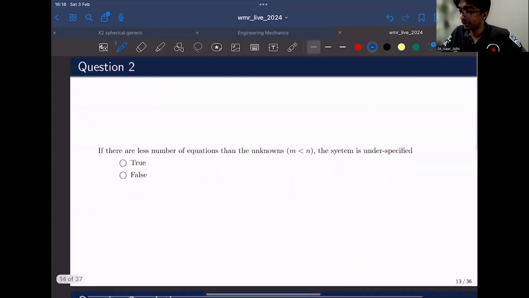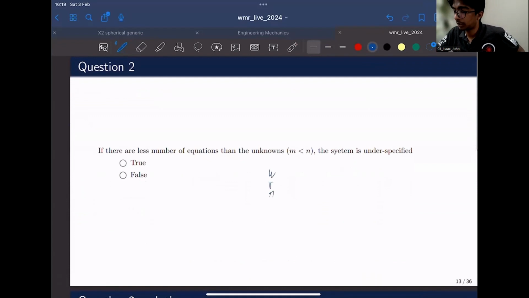So moving on to question 2. If there are fewer equations than unknowns, then the system is underspecified. Is it true or false? Fewer equations than unknowns. If we have U, V, R over here, this is a 3 cross 1 vector.